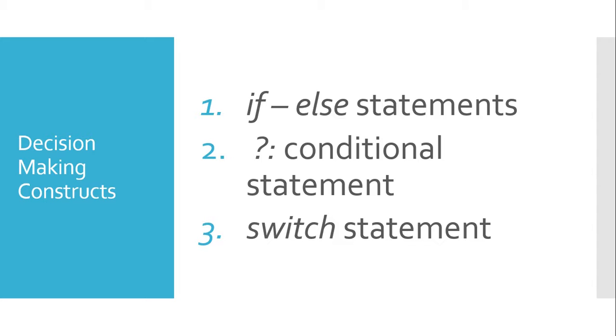So the question mark colon conditional statement is just like a shortcut version of doing if-else when you're using integers. And the switch statement, the switch case break statement, that's another way of doing conditionals. And that was actually one of my favorite things to use when I first started.